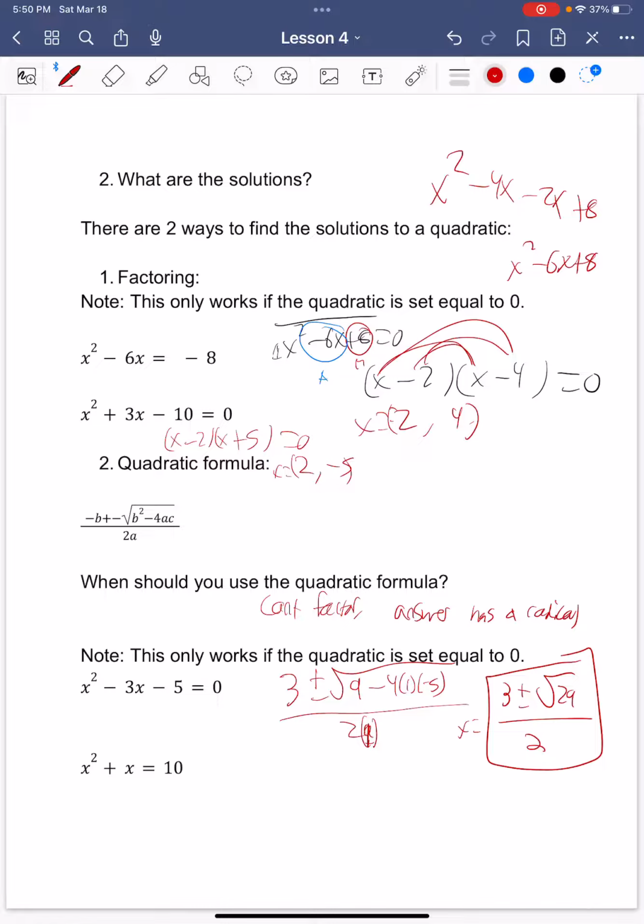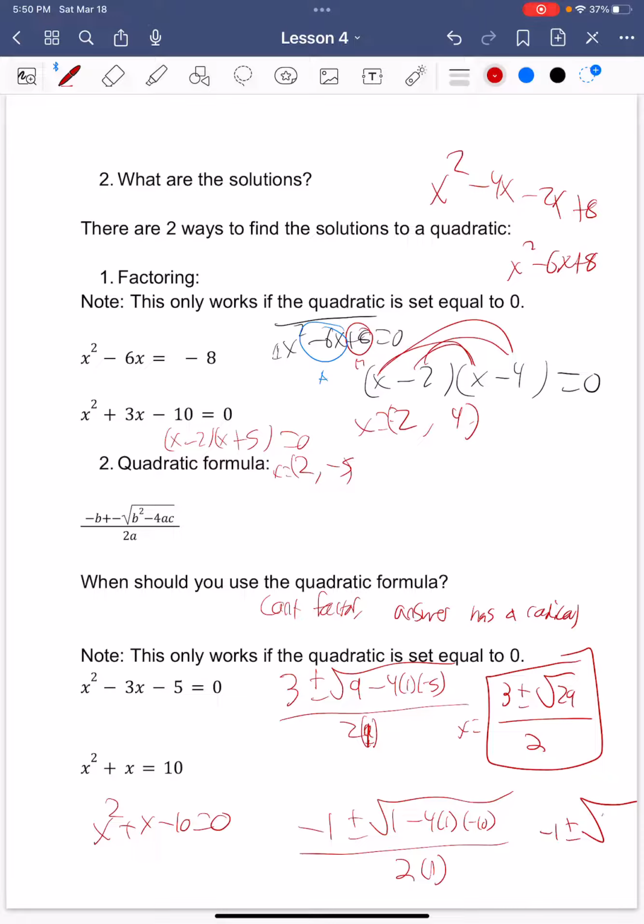So remember, the quadratic has to be set equal to 0, so we could subtract 10 from the other side to set it equal to 0. Negative b plus or minus the square root of b squared minus 4ac over 2a. So we have negative 1 plus or minus the square root of 1 minus negative 40.